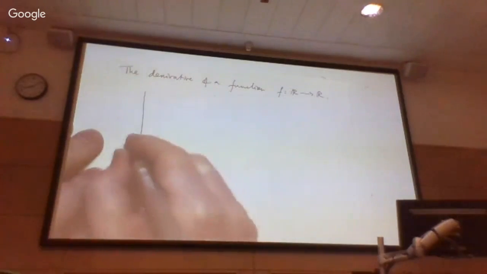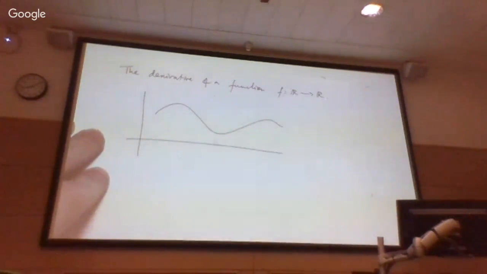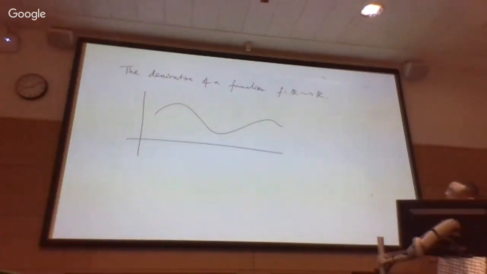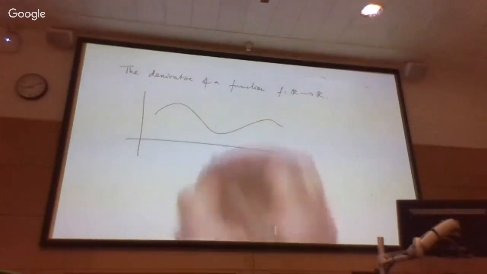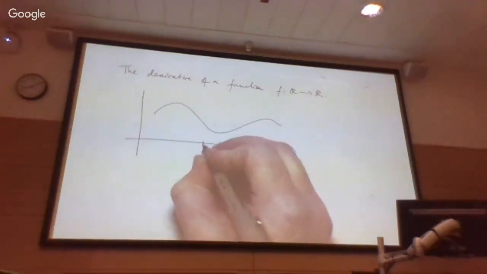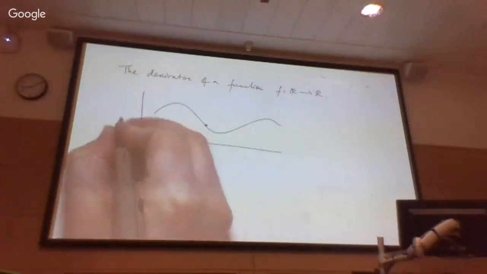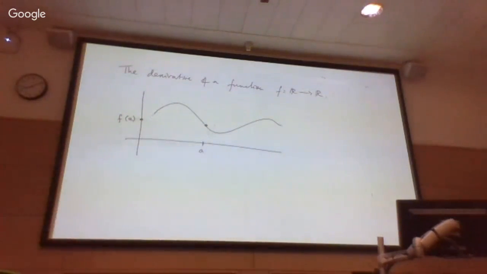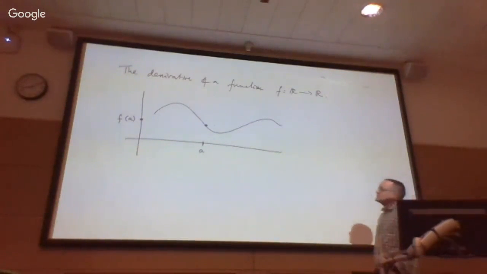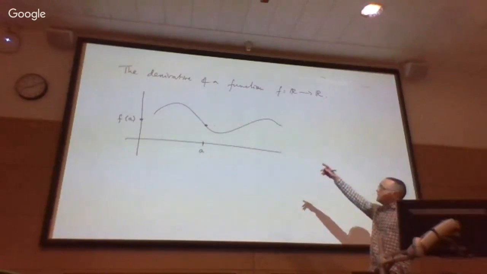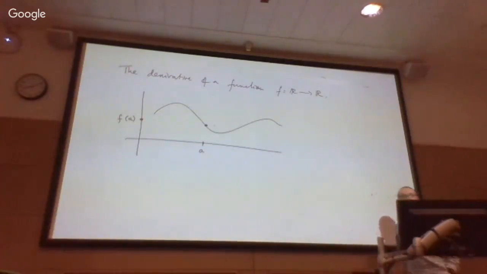So, here's our typical wavy graph of the function. And the derivative is this concept that captures the notion of how the function is changing at a particular point. So we might choose a particular point A in the domain of the function. You can see here the value of the function f of A. And the derivative is some way of capturing the notion of how the function is changing at that point.